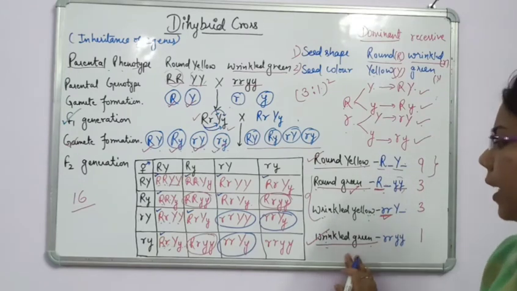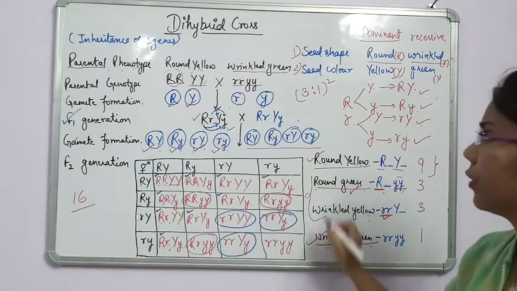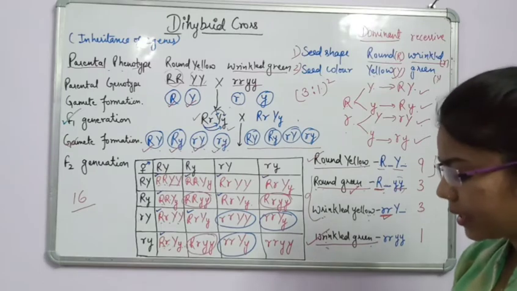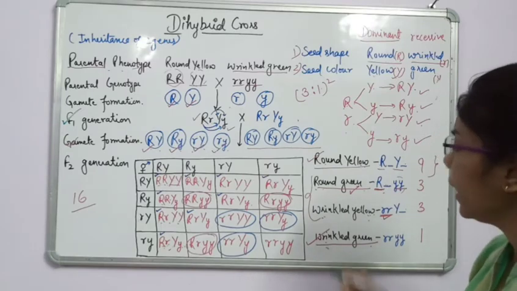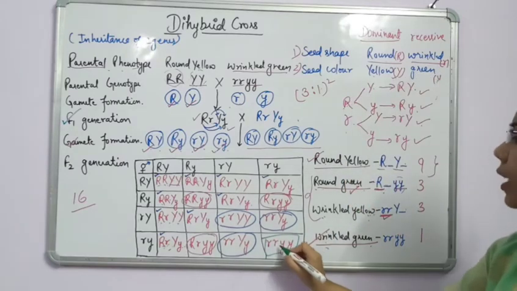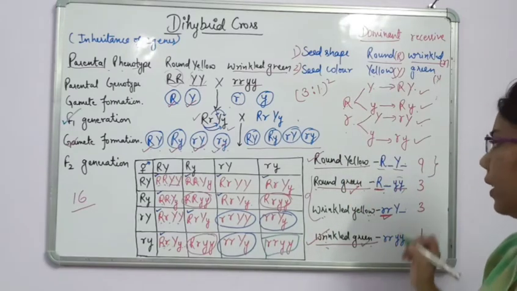Again, now the fourth one, which is like the parental genotype, that is wrinkled green. So you can see we are getting only one, I have shown it with the green marker, only one wrinkled green. Fine.